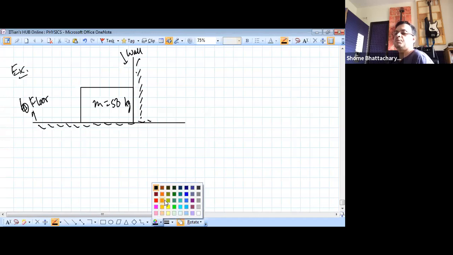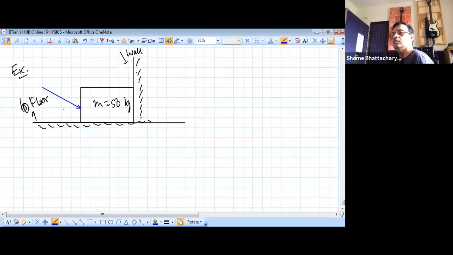And what I'm doing is I'm applying a force of 200 newtons at theta equal to 30 degrees with respect to horizontal.